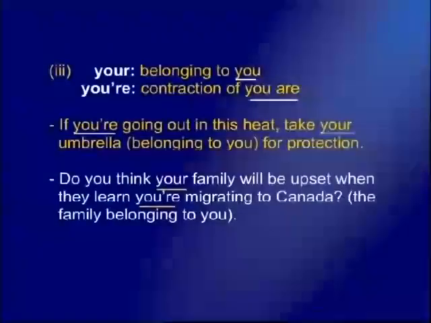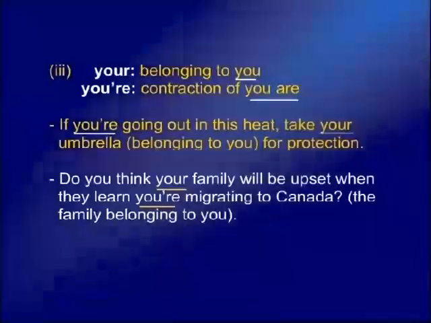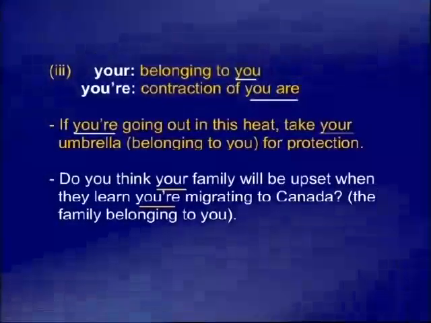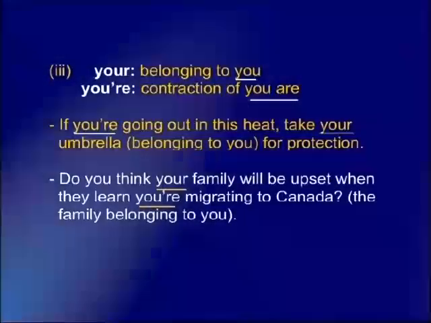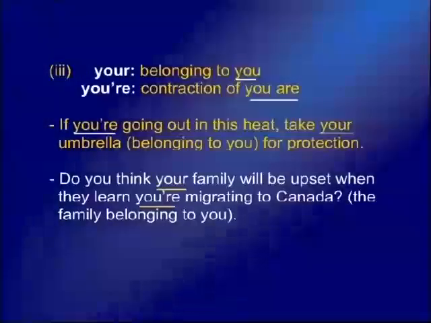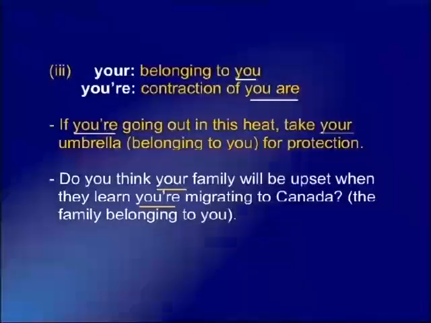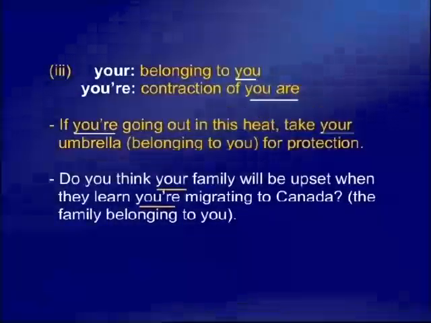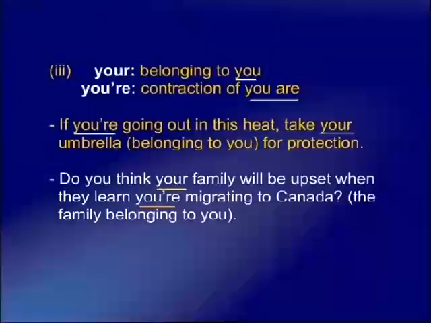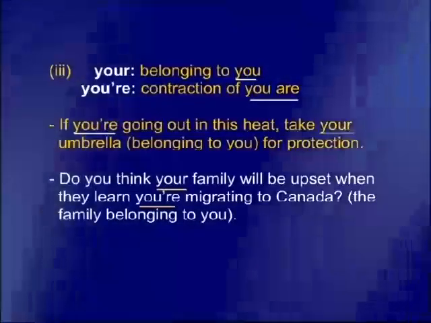Now, there is another pair of words that are frequently confused. And these words are your, Y-O-U-R, meaning belonging to you, and the other one, you're, which is a contraction of the words you are. The A is removed and you have the apostrophe and R-E.